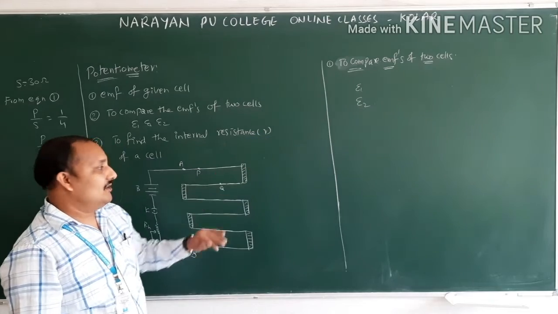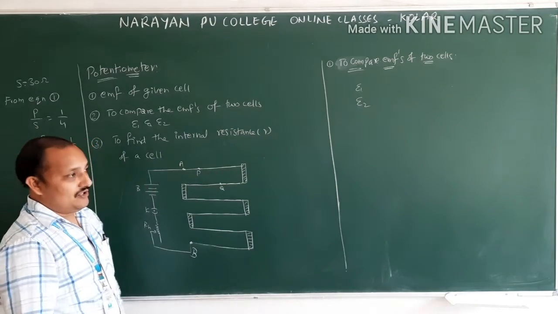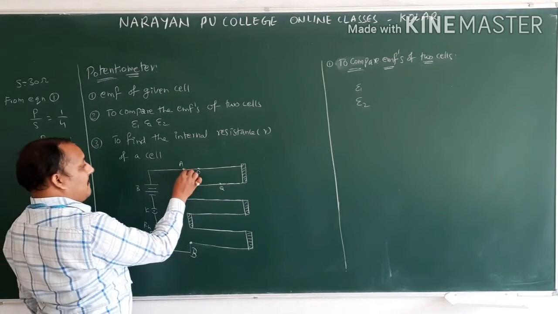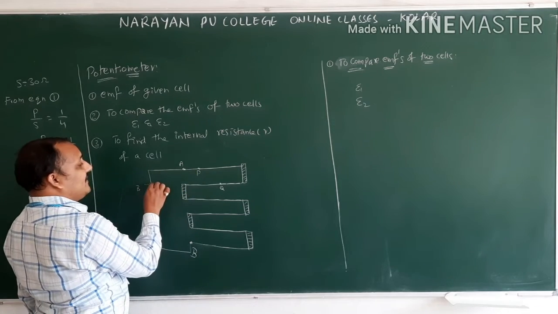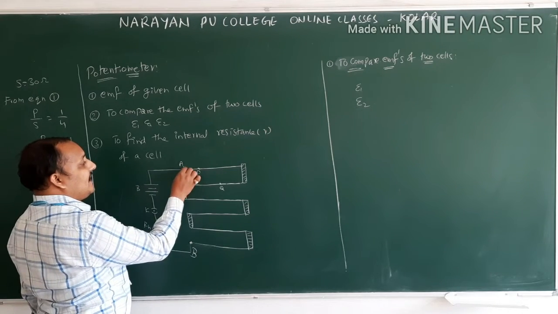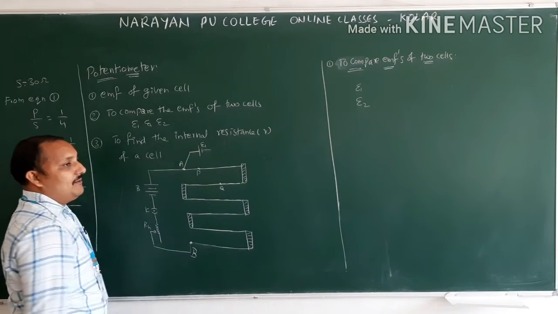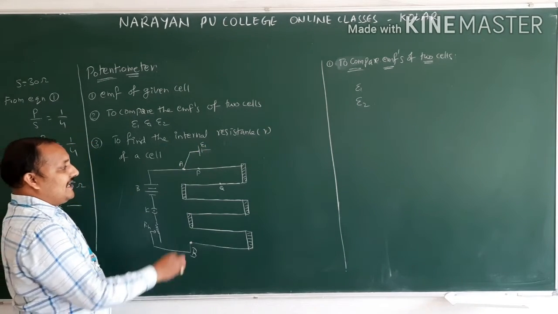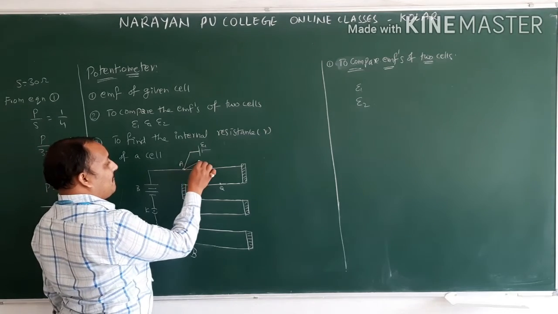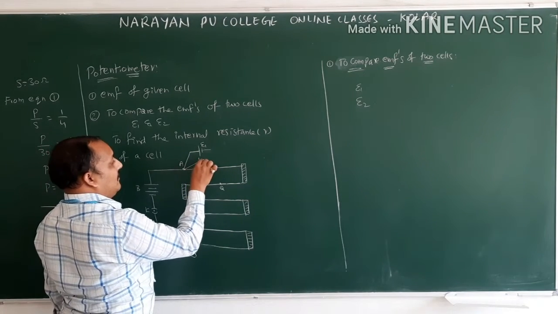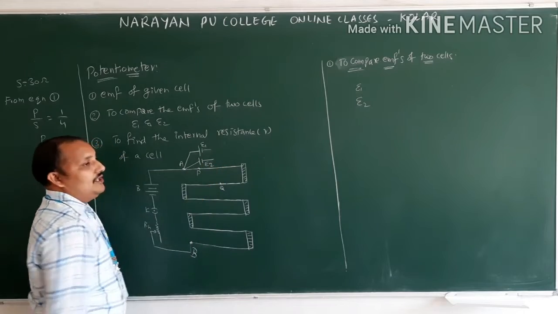Both cells have to be connected to the potentiometer. Point A is connected to the positive terminal of the battery. There I am connecting one cell with EMF E1, and another cell I am connecting to A only, with EMF E2.